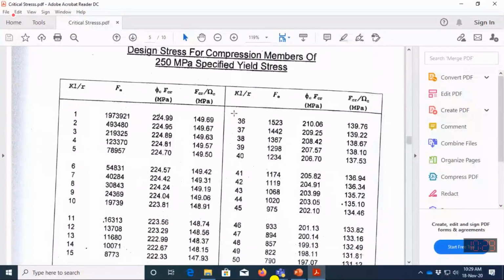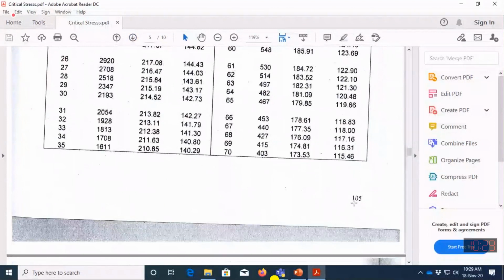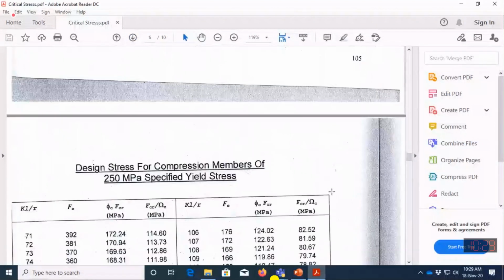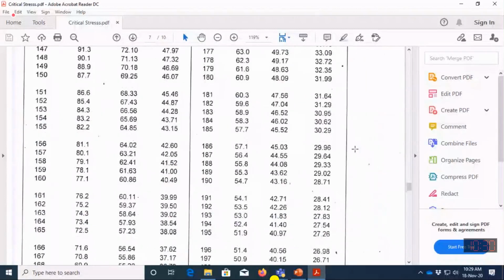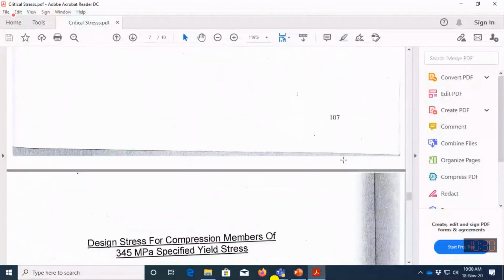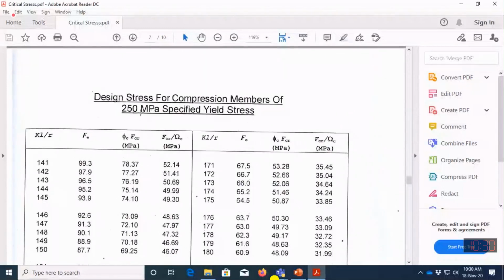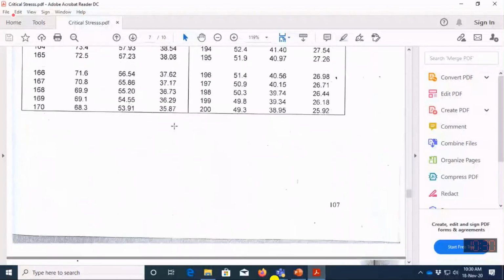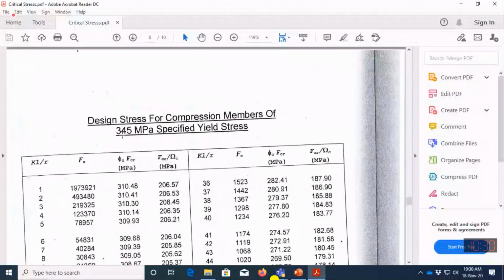So these tables are available in the LRFD design aid from page number 105 onward. From 105 to 107, we have the table for A36 steel. From page number 108 onward, we have the table for A50 steel. A50 means yield stress is 345 megapascal.